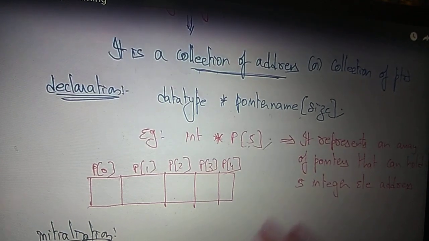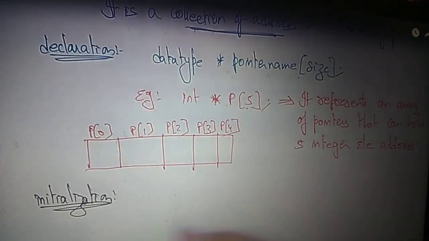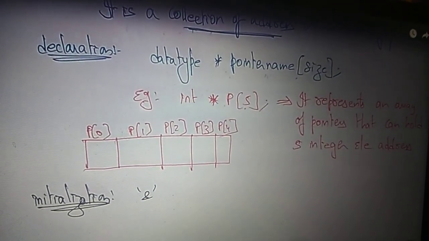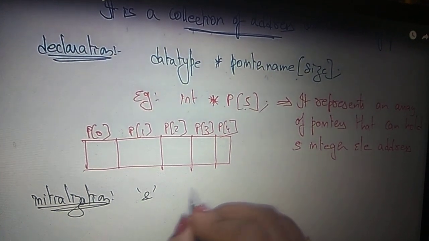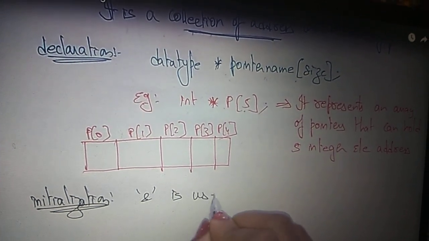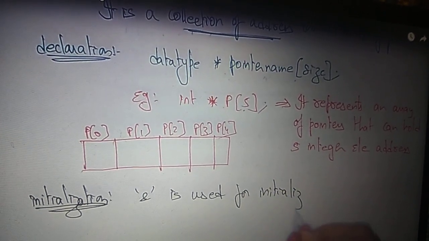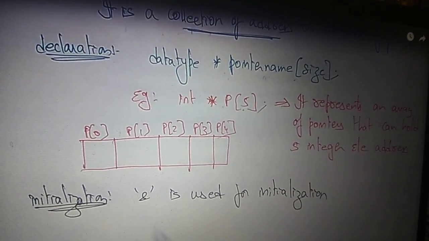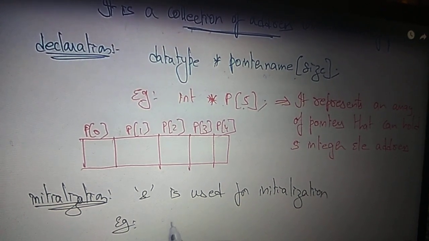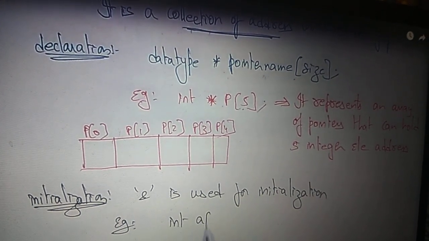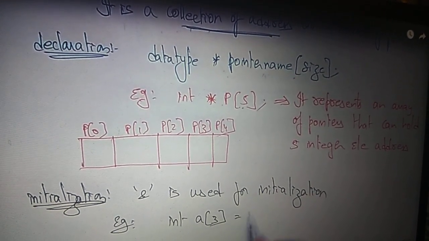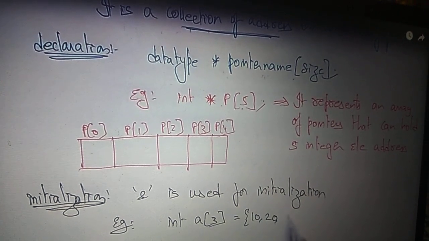Here we have seen the declaration, now let us see the initialization. The address, the ampersand symbol, is used for initialization. In the same example, int a of 3 is 10, 20, 30.